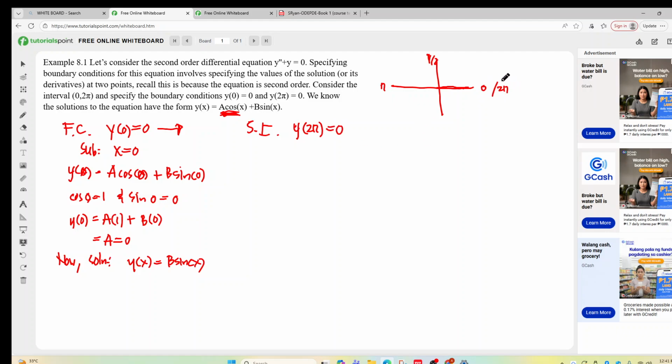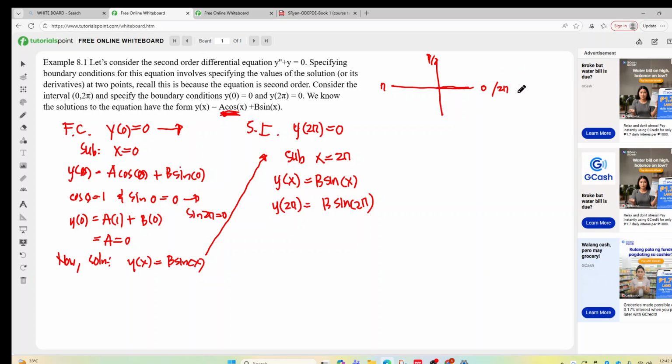Since our solution is y(x) = b sin x, we substitute x equal to 2π into the solution, so it becomes y(2π) = b sin 2π. Since the sine of 0 is equal to 0, the sine of 2π is also 0.